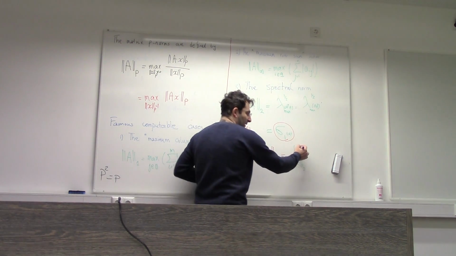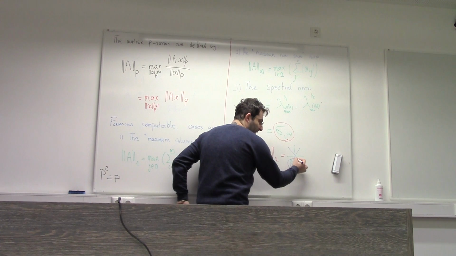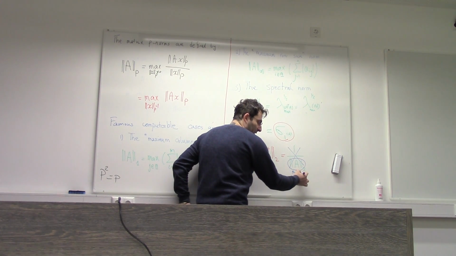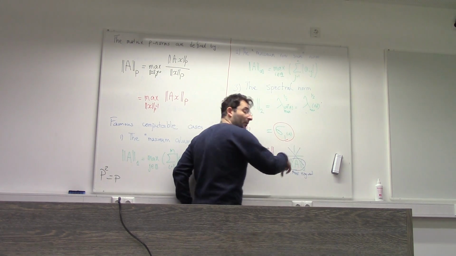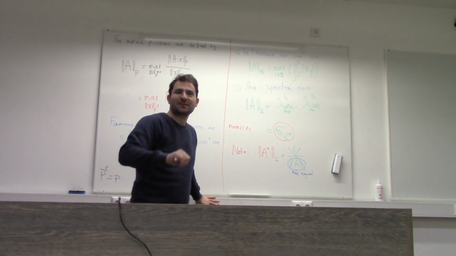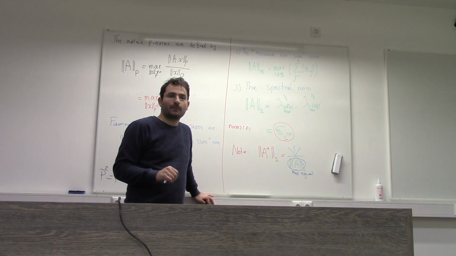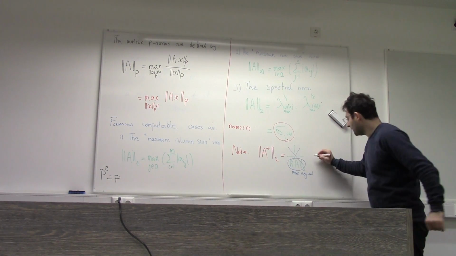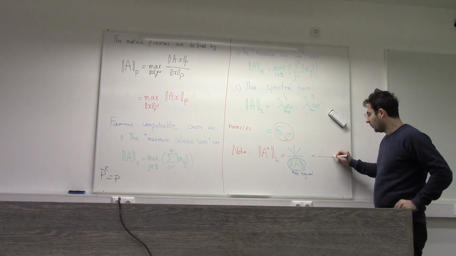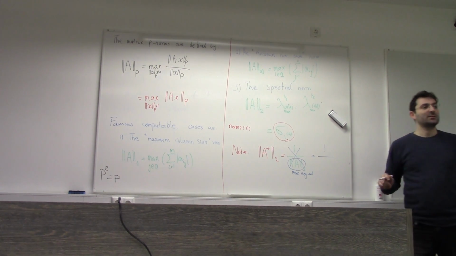So this result is not correct. Why? Because this one already is the maximum eigenvalue, and 1 over maximum eigenvalue definitely will give us a small number. Okay, so it's 1 over the smallest singular value. Very good.